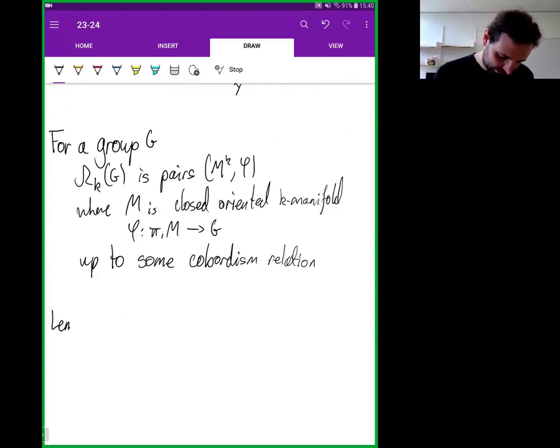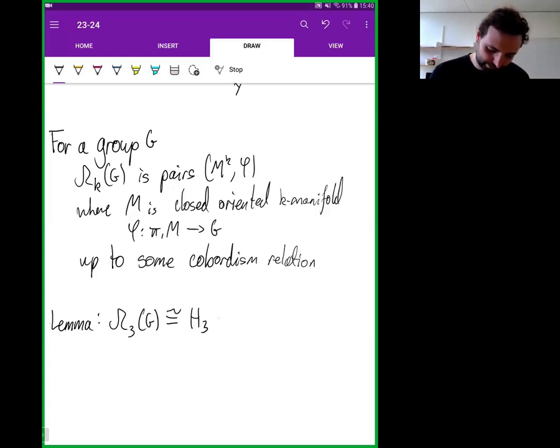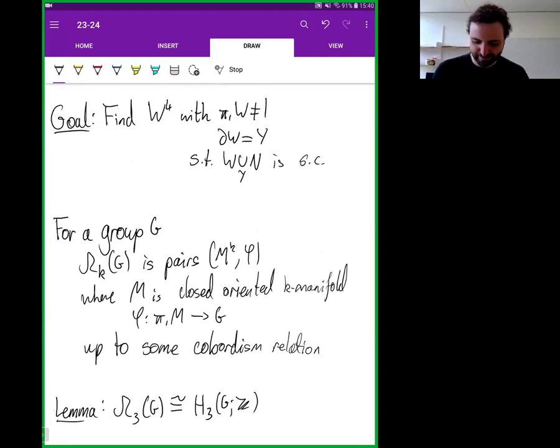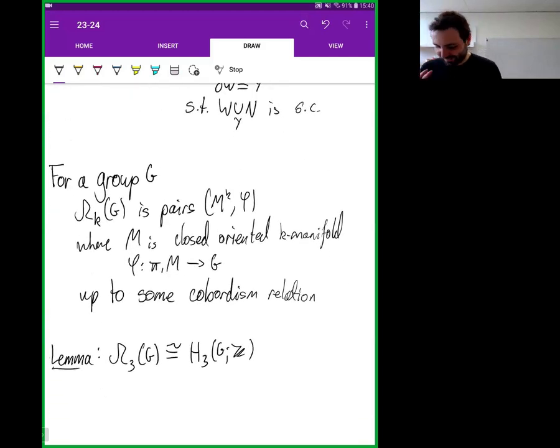There's a well-known lemma: omega_3 of G is naturally isomorphic to the third homology of G. That's pretty good, because I come from a group cohomology background, so I'm in familiar territory if we're just talking about group homology, whereas worrying about bordisms and four-manifolds is not bad, but it's outside of my comfort zone. So it's better to be in the position where I can use this. So that's good.